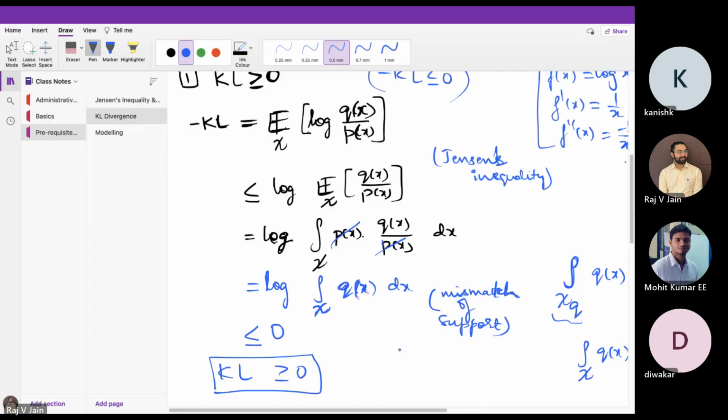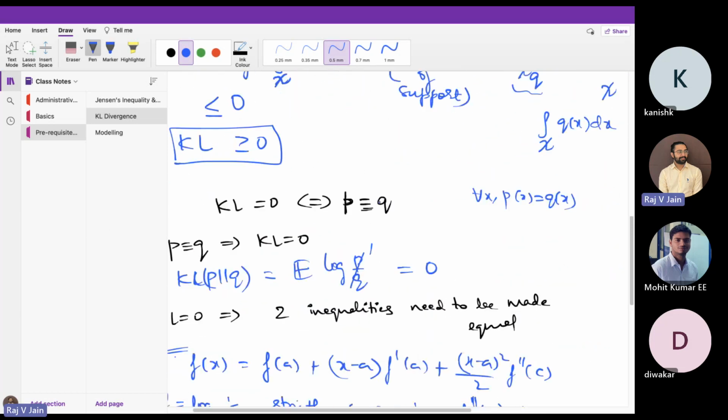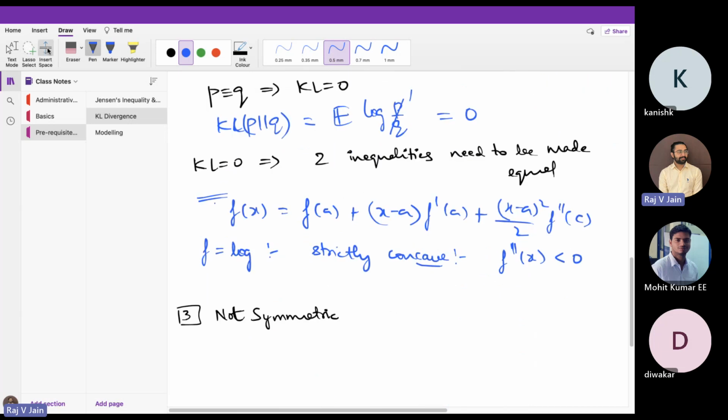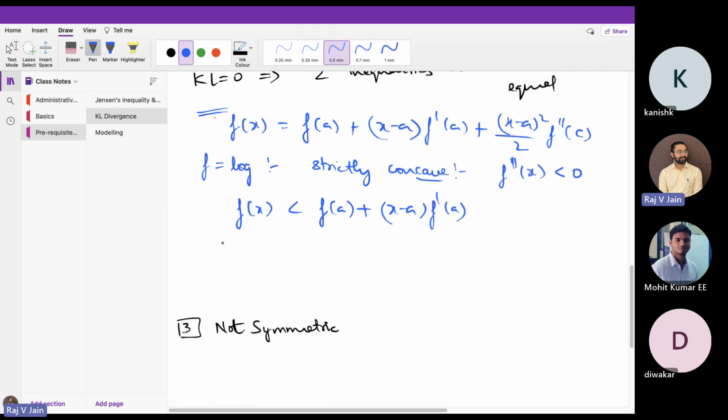So if it's strictly less than 0, f of x is less than f of a plus x minus a times f dash of a, and this is exactly how we proceeded with the derivation. We came to this quantity, that expectation of f of x is less than f of expectation of x.